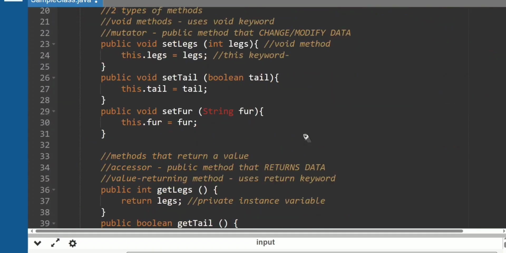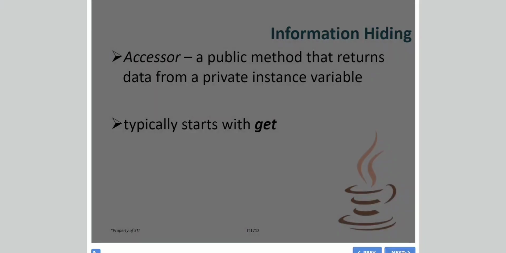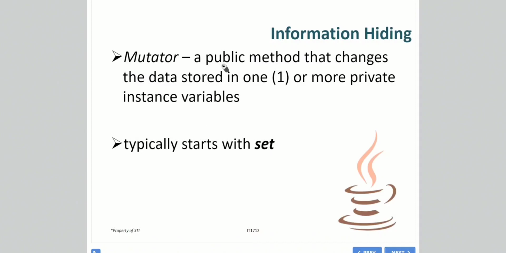Okay, and next we have what we call the mutator. Mutator is a public method. Okay, so earlier it is also a public method. The difference is that this public method changes the data stored in one or more private instance variables. So again, it changes the data stored in a private instance variable, and it usually starts with the word set.